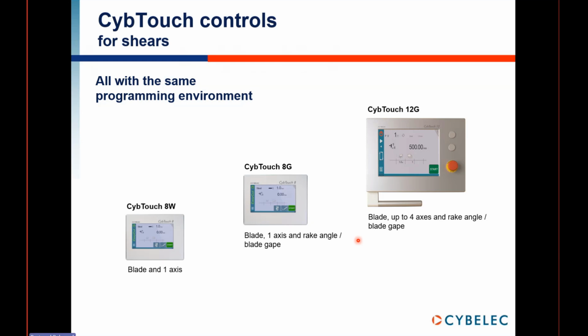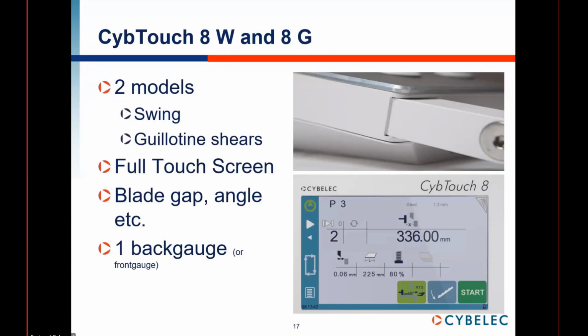And for the CybTouch 12G, we have the possibility to have up to 4 axes for back gauge and front gauge. So we have 2 models, one for the swing and one for the guillotine shears.